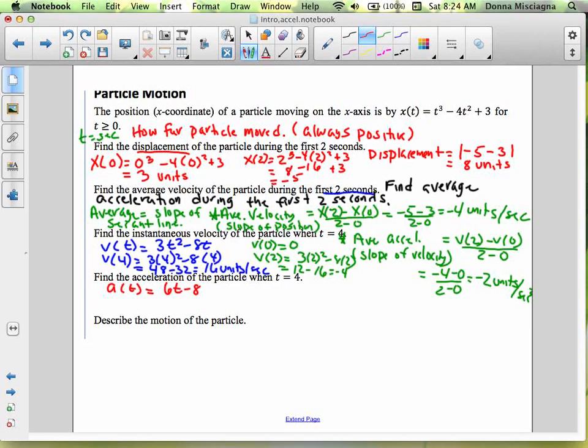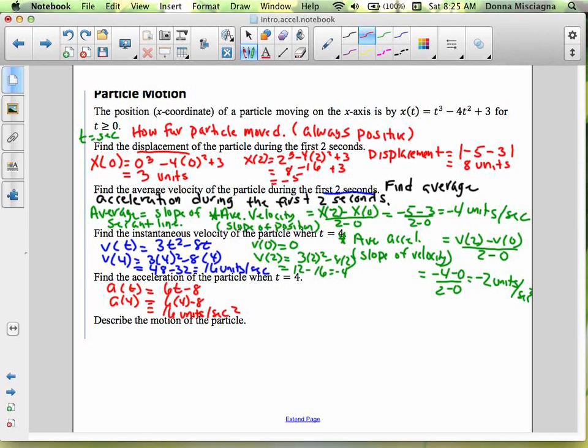We just take the derivative of velocity. And so we wanted a of 4, the instantaneous acceleration when t equals 4. That would be 6 times 4 minus 8, so that's 24 minus 8. That's going to be 16 units per second squared.